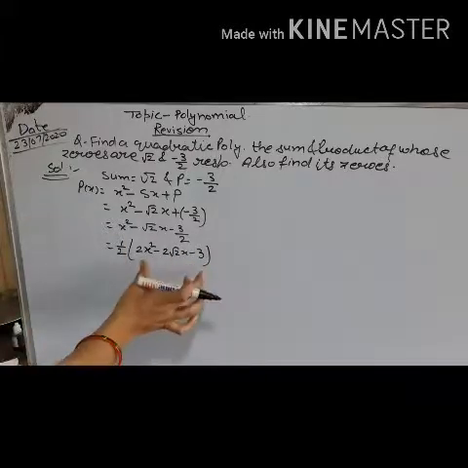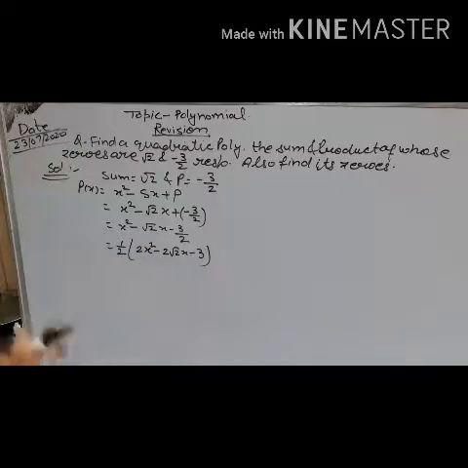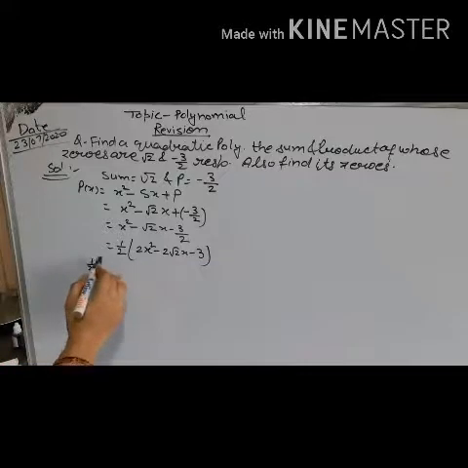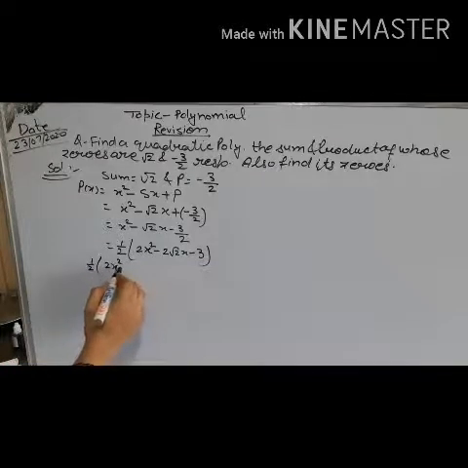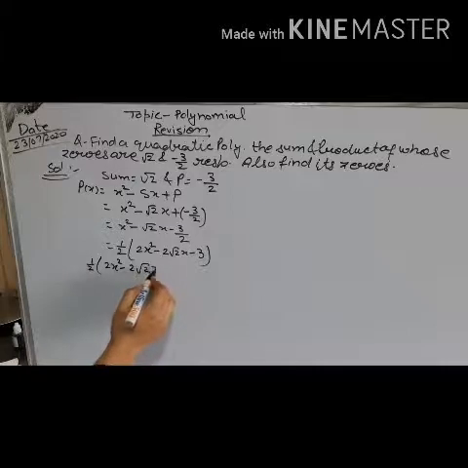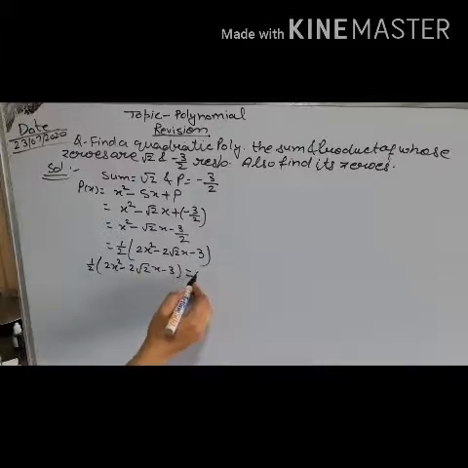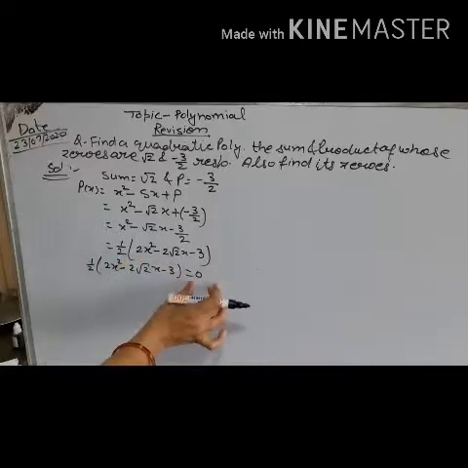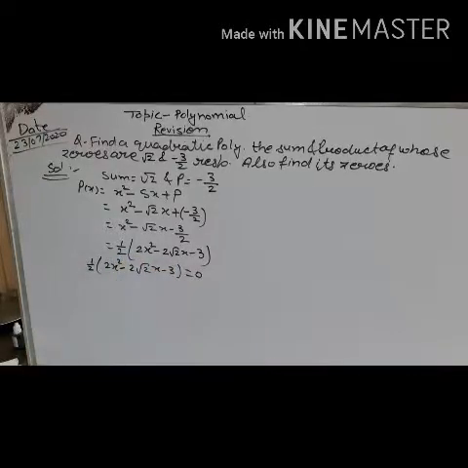Now to find the zeros of a polynomial, we equate this polynomial equal to 0: 1 by 2, 2x square minus 2 times root 2x minus 3 equal to 0. Why are we equating this polynomial equal to 0? Because we want to find the zeros of this polynomial.